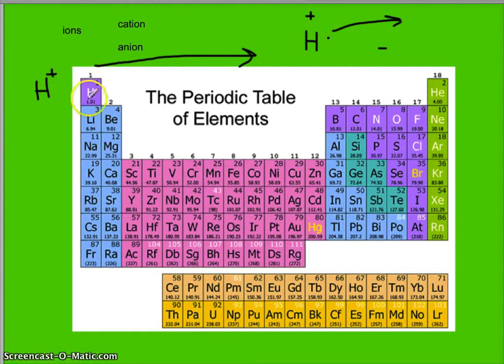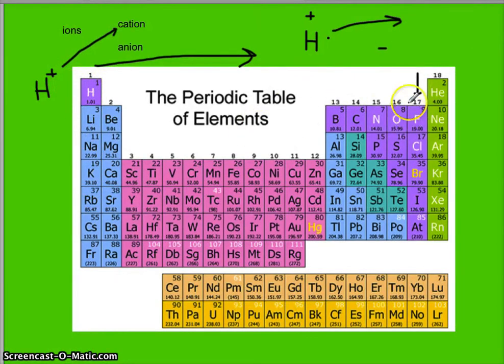So every one of these alkali metals, whenever an electron flies away, would have a positive charge, and that would be called a cation. A cation is an ion with a positive charge. Now here in group 17, all these halogens are just dying to get electrons, and from the alkali metals is where they get them mostly.